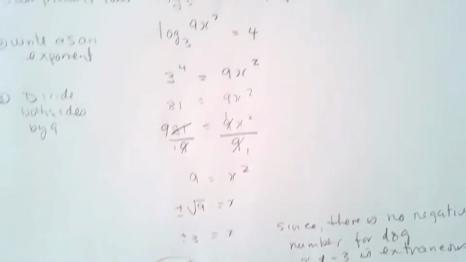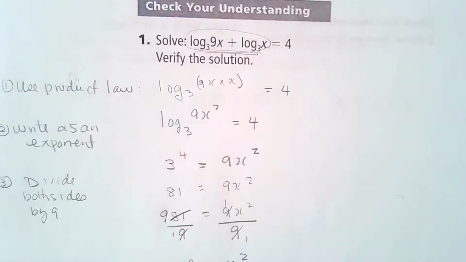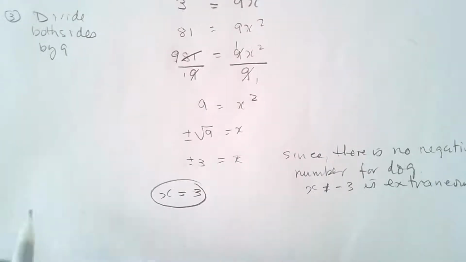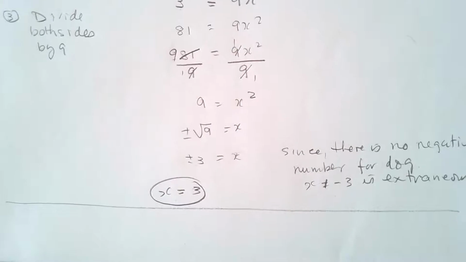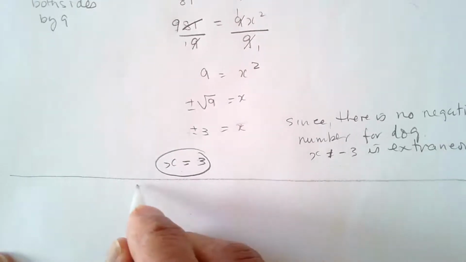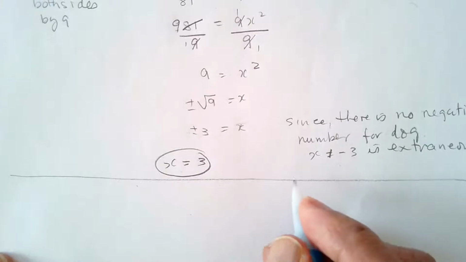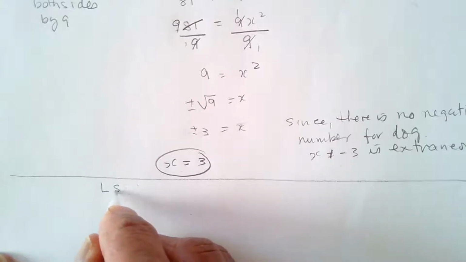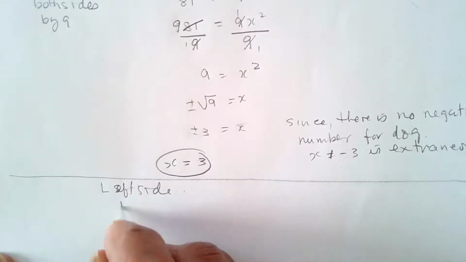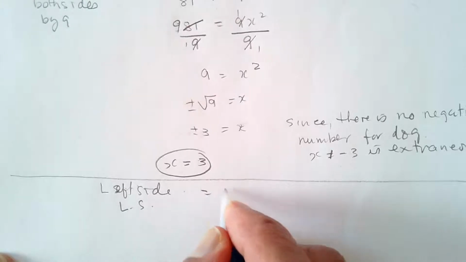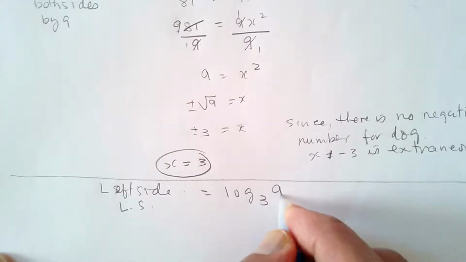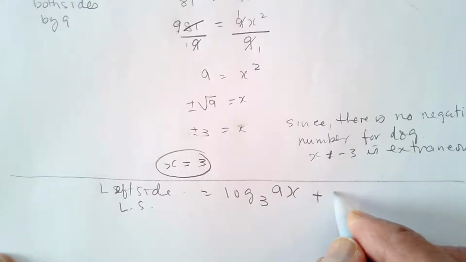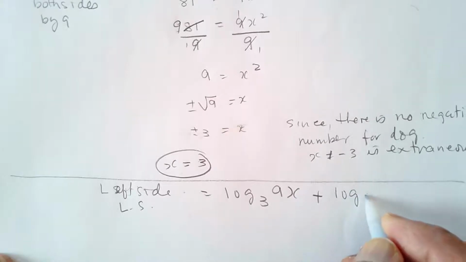The next part of the question is to verify the solution. So we have x is equal to 3. So I'll rewrite my log. Let's put here left side. The left side is log base 3 of 9x plus log base 3 of x.